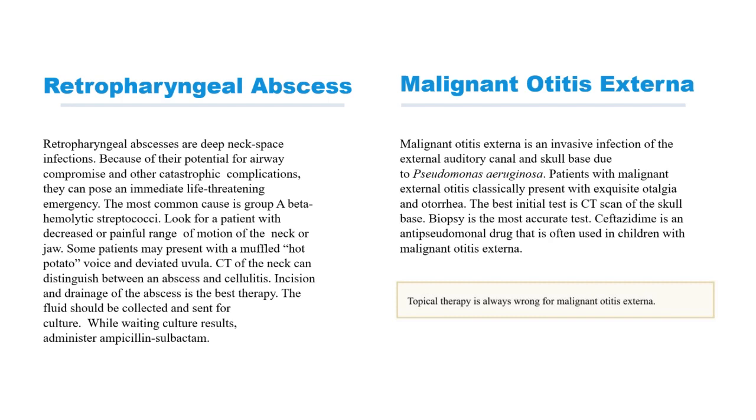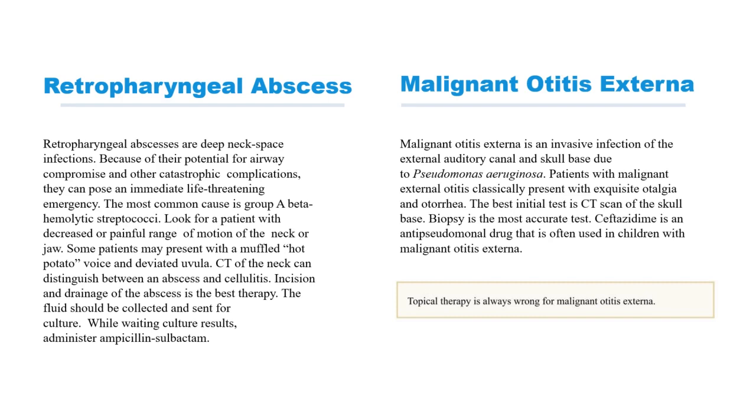And the last one on this slide, at the end of the lecture, let's talk about malignant otitis externa. This is on the right side of the slide. Malignant otitis externa is an invasive infection of the external auditory canal and skull base due to Pseudomonas aeruginosa.